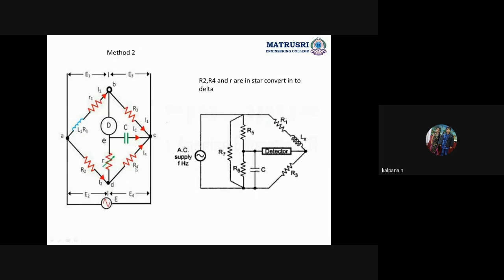So these 3 are connected in series. This is small r. This is capital R2. And next this is capital R. 3 resistors. So these 3 resistors are connected in star. Now we are converting star to delta.